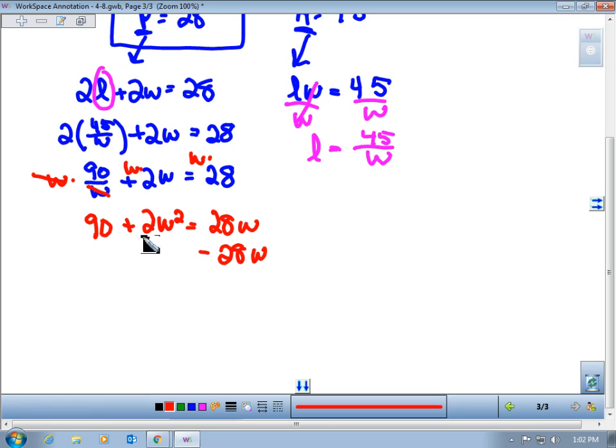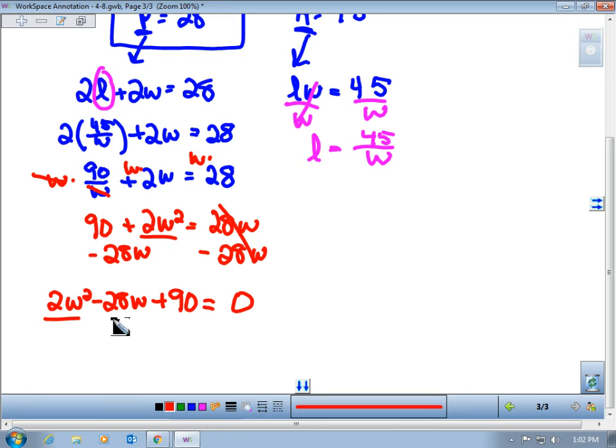Once again, my largest degree is positive, so I'm going to move this one over and get it set equal to 0. I'm going to rearrange the order here so it's easier for us to factor. And then I see a common factor of 2 here, so I'm going to factor that out.